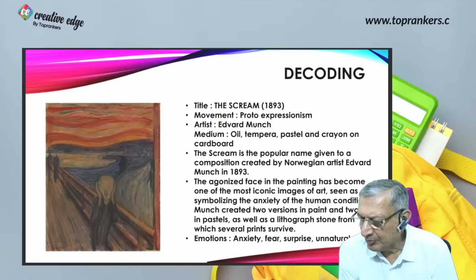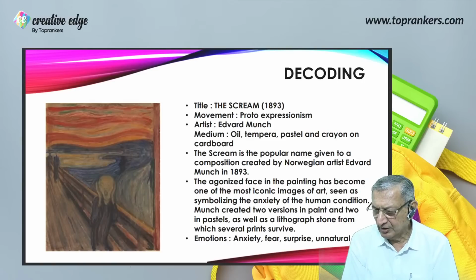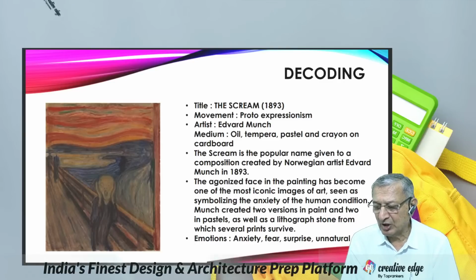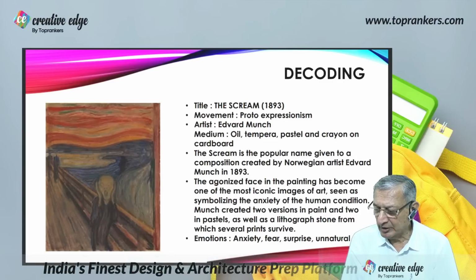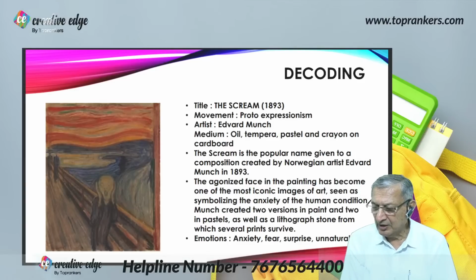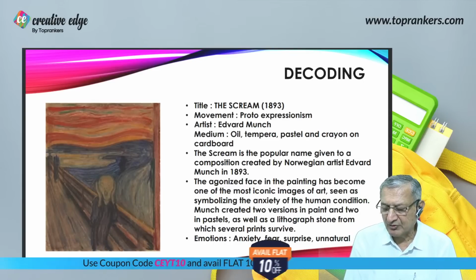The Scream is a popular name given to a composition created by Norwegian artist Edvard Munch in 1893. The agonized face in the painting has become one of the most iconic images of art, seen as symbolizing the anxiety of the human condition. Munch created two versions in paint and two in pastel, as well as a lithograph stone from which several prints survive.